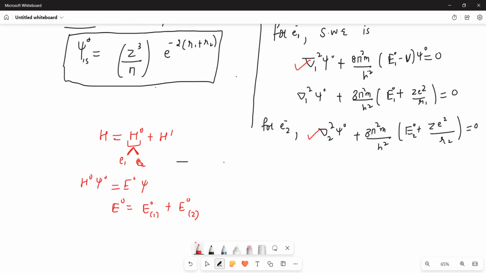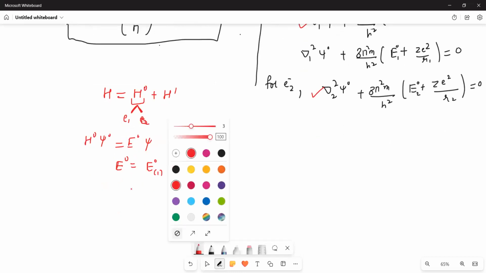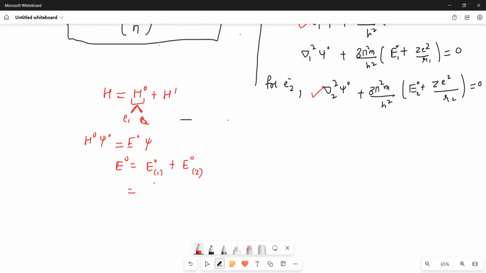The energy of a hydrogen-like system is given by minus Z square by 2, and similarly for the second electron it is also minus Z square by 2.